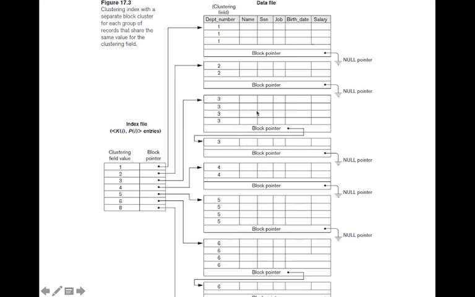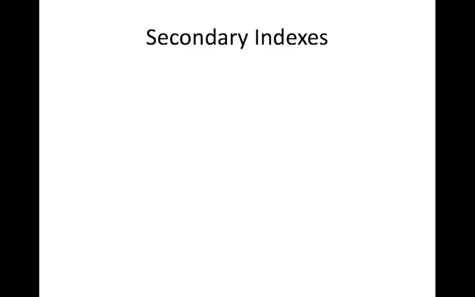So all of a particular department number will be in a particular block. Block 5 is here, and 6 we have in 2 blocks, so it is easier to search. So this is known as a clustering index. It is not based on the primary key, it is based on a non-key value.